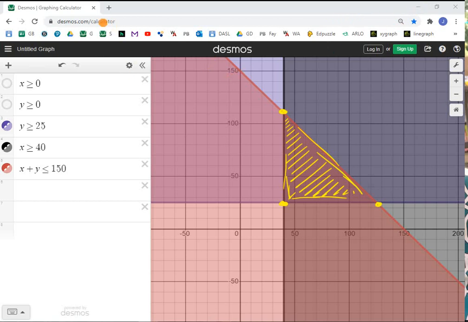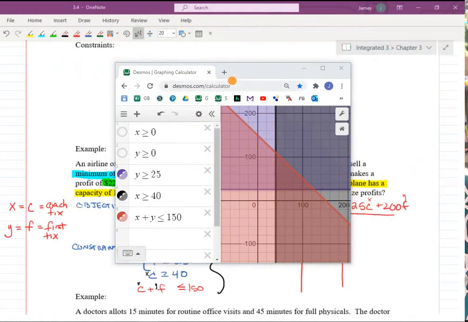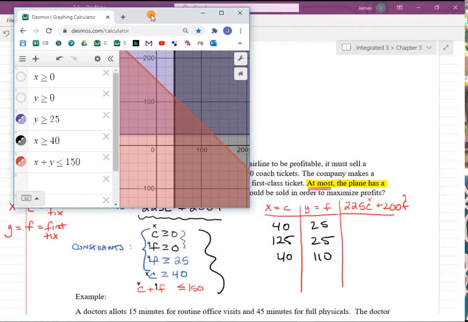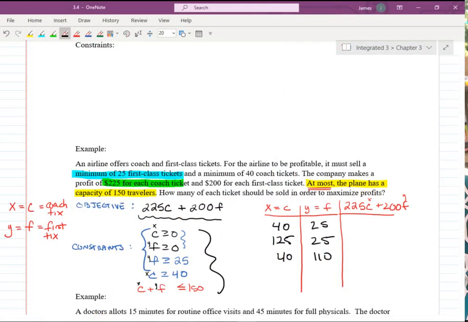Which one is going to produce the largest or smallest? So what I think is important for us to be able to do here is evaluate these. Let's see here. So all we're going to do then is take this 225C plus 200F, and we're going to plug these numbers into those spots.